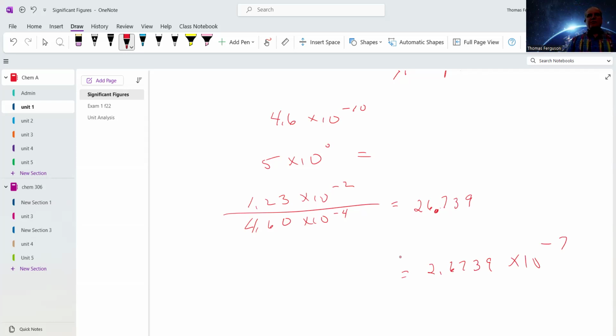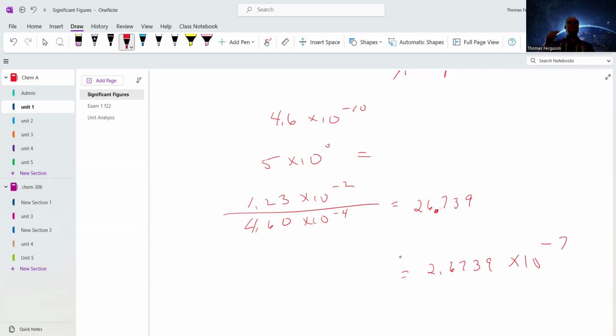Now, the reason why the bottom one is not the correct one is because when I entered the bottom number, I put in 4.6 times 10 to the minus 4. Isn't that what that says there? 4.6 times 10 to the minus 4. Now your calculator is dumb.